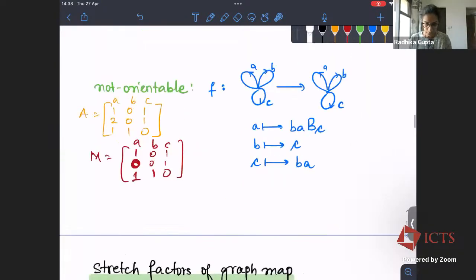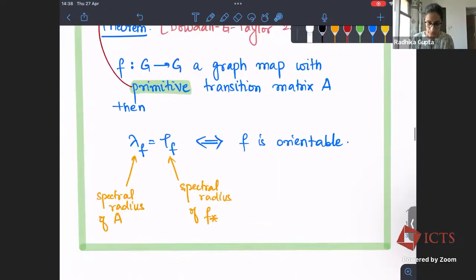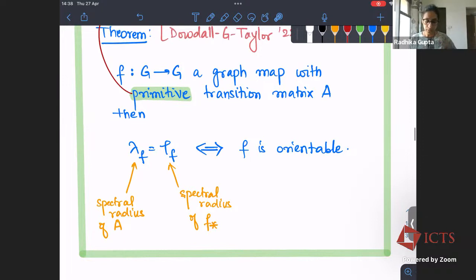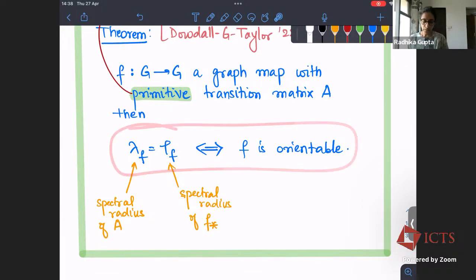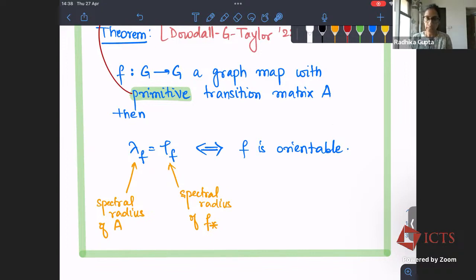So all I was saying is, if my map is orientable, then the fact that these two numbers are equal is obvious. But then the other direction is what we prove in this theorem. So for these graph maps with primitive transition matrix, we have this homological data determining topological data if the map is orientable.